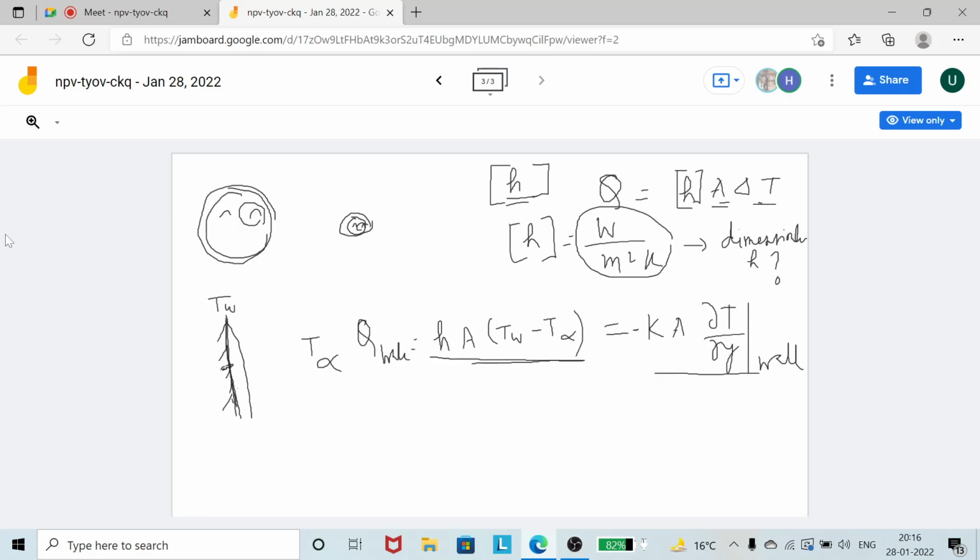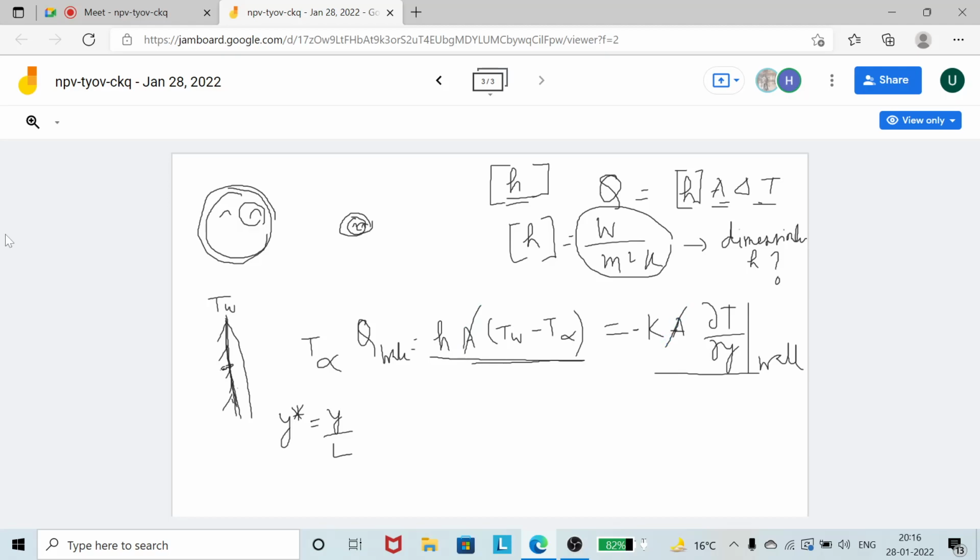Now if I think of non-dimensionalization, we can say that y star, the non-dimensional y, is y by L. And so A cancels. And how to do non-dimensional temperature?